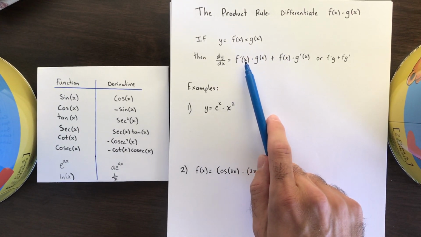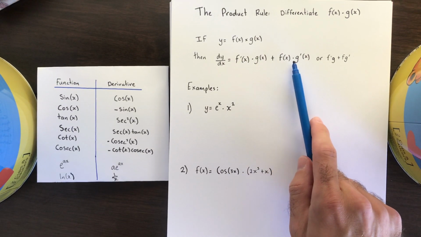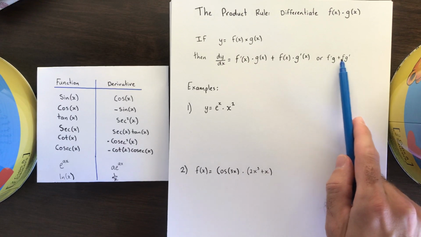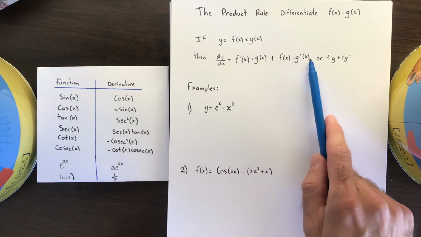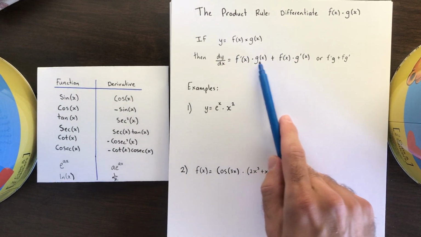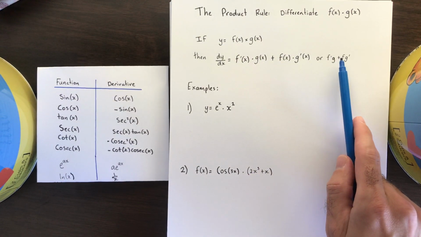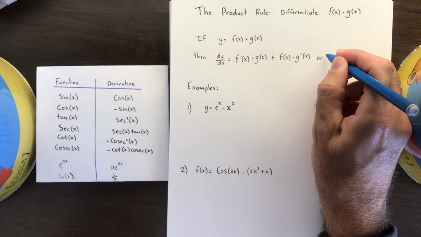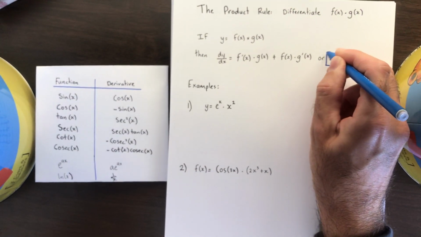So f dash times g plus f times g dash. Quite often it's abbreviated to this. We don't put all the x's in because it can take quite a long time to continuously write that out. So it's just f dash g plus f g dash. I'm going to be using this formula. It's a little bit quicker and easier.